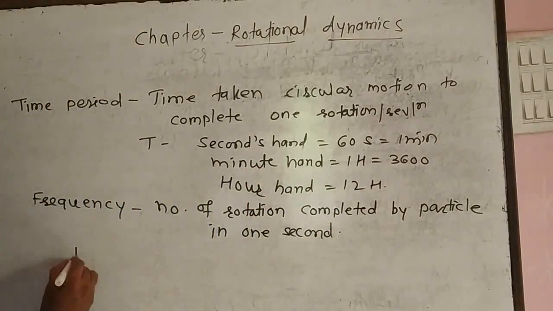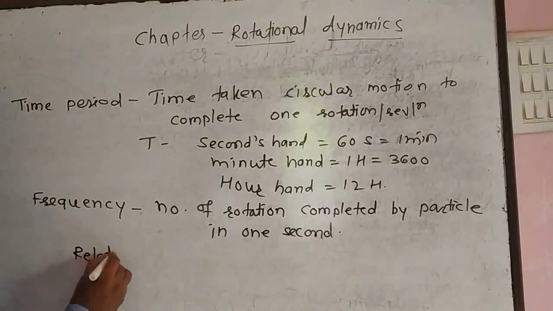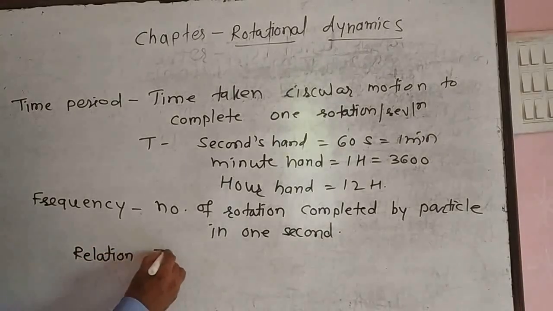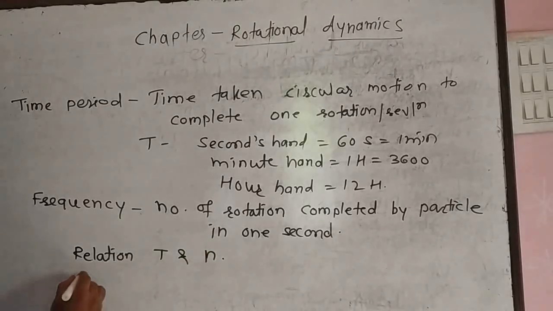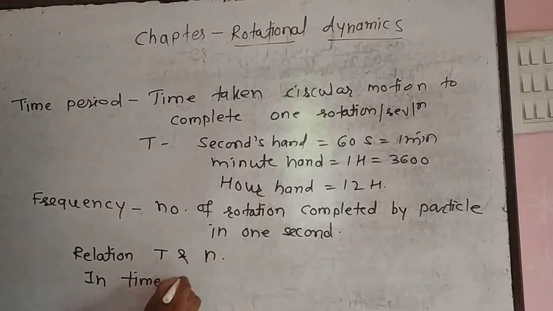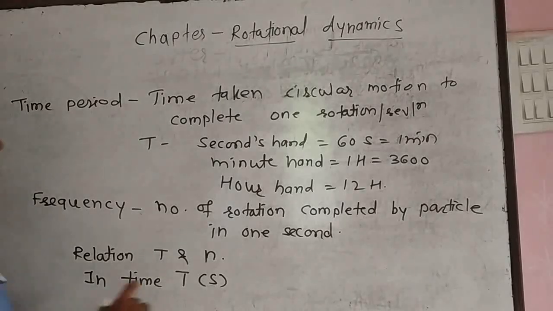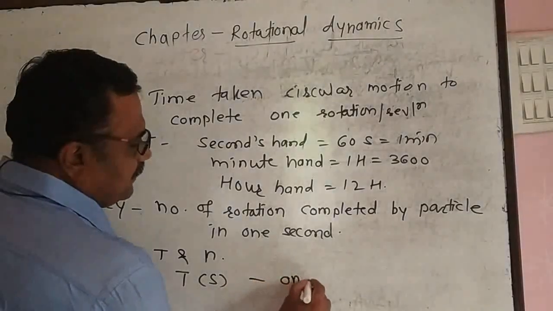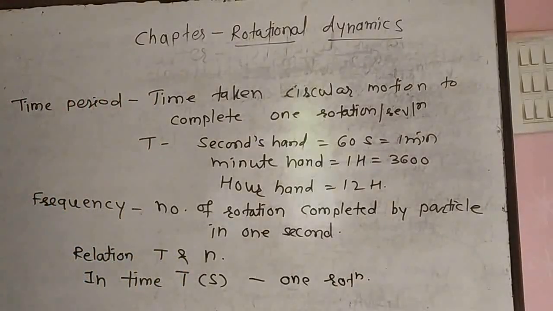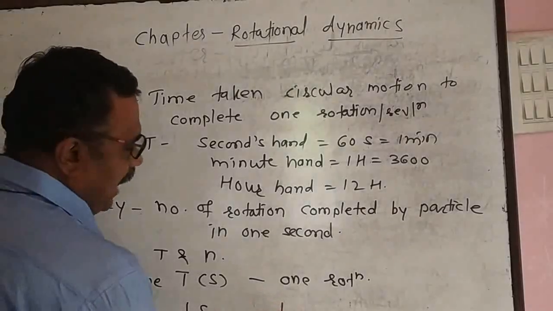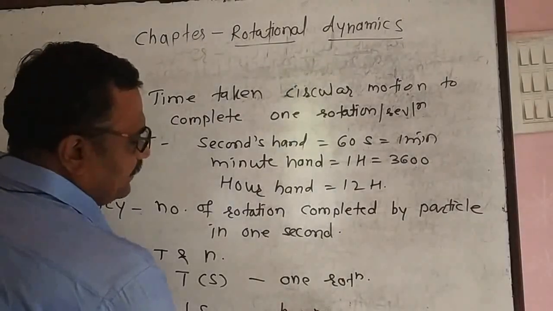We can find out the relation between time period and frequency. We observe in interval T seconds, the particle completes one rotation. Therefore, in time 1 second, how many rotations are completed?